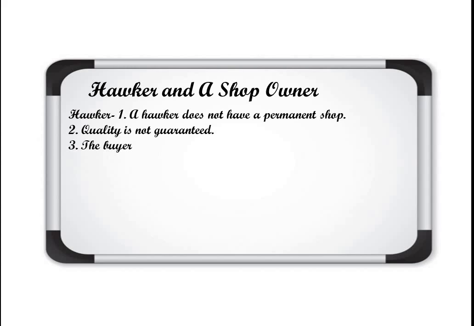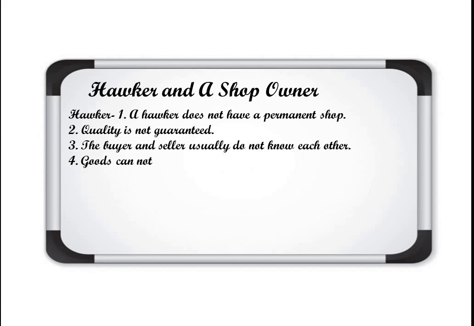Number 3, the buyer and seller usually do not know each other, because it is not mandatory that these hawkers go only in one particular area. They move in different areas, so the buyers and sellers do not know each other.